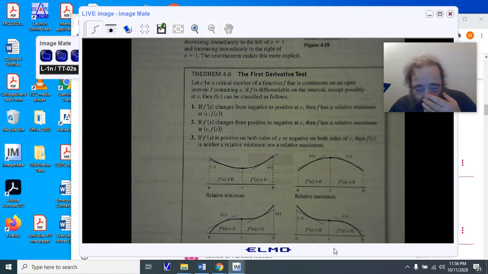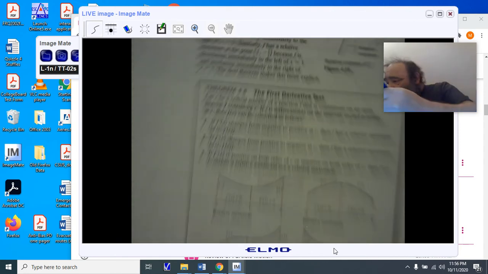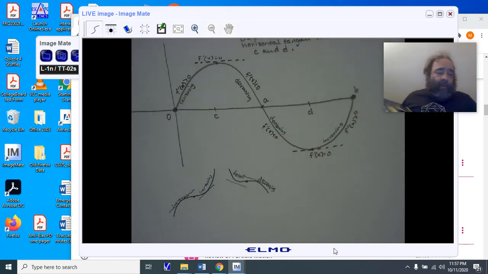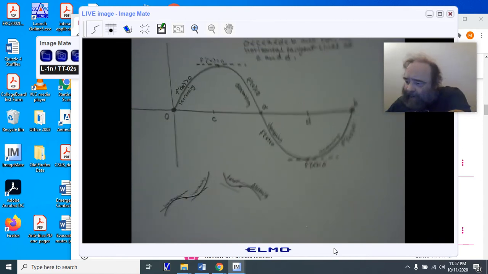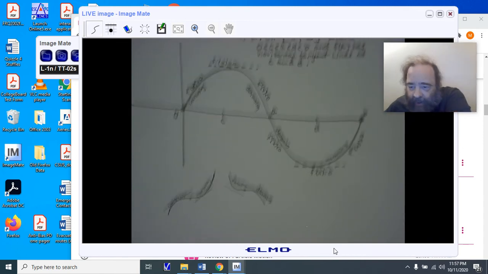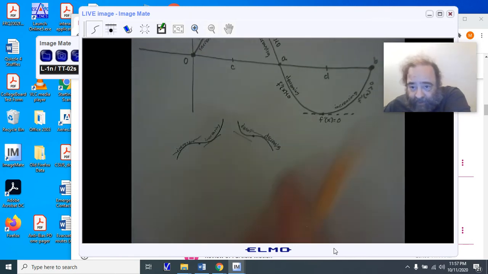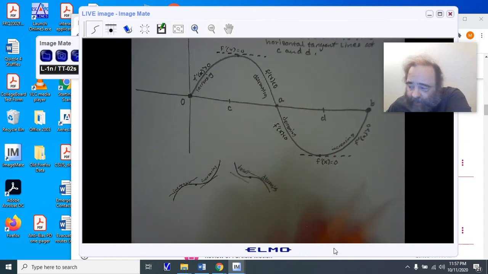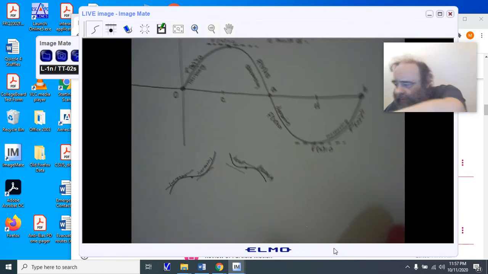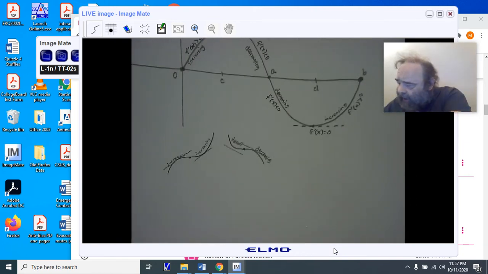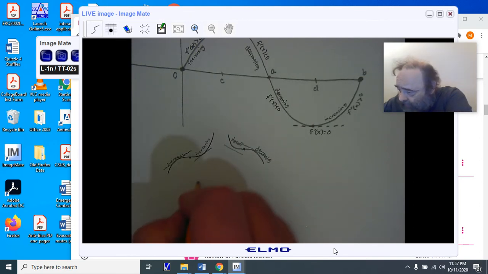Now, keep in mind that as we go through, we use the first derivative test as a means of sketching a curve. So we're going to see this again when we try to sketch a curve. Let's just write down our three basic statements.